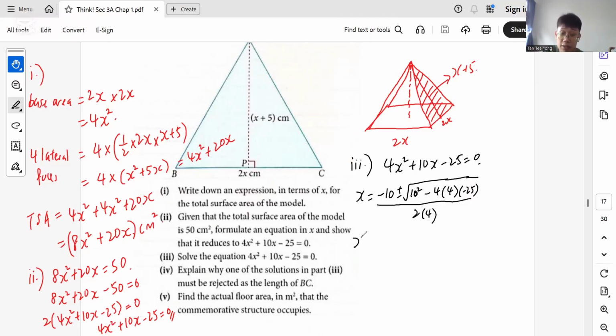When you calculate this, x will be equal to 1.5450 or x equals negative 4.0450. Rounding off to 3 significant figures, 1.55 and the other one is negative 4.05.